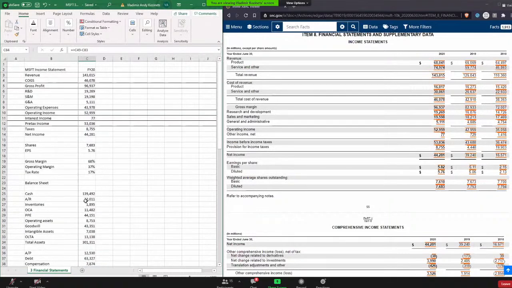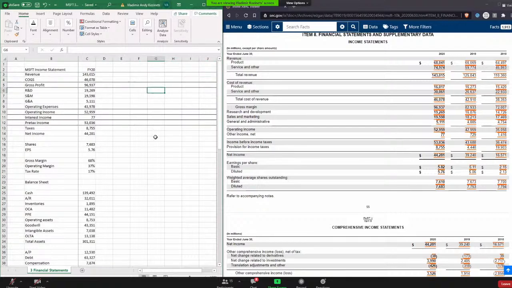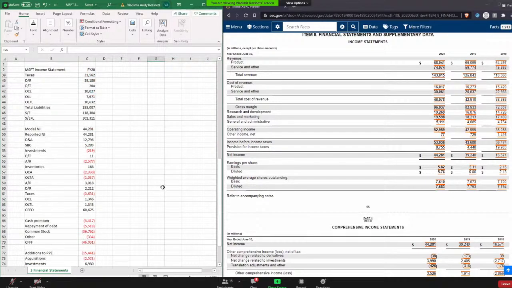We've gotten some of the margins and rates, and later on we can do this for 10 years into the future and 10 years into the past, and see its revenue year over year, and the average of that, and predict what rate it will grow at. All these numbers here, so we could discount it back to the present.